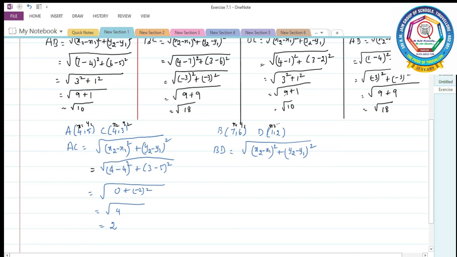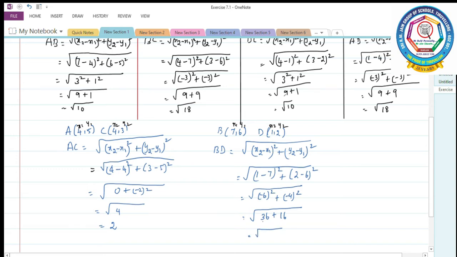This is x2, y2. This is equal to square root of (1 minus 7) the whole square plus (2 minus 6) the whole square, then square root of (minus 6) the whole square, 36, plus (minus 4) the whole square, that is 16.